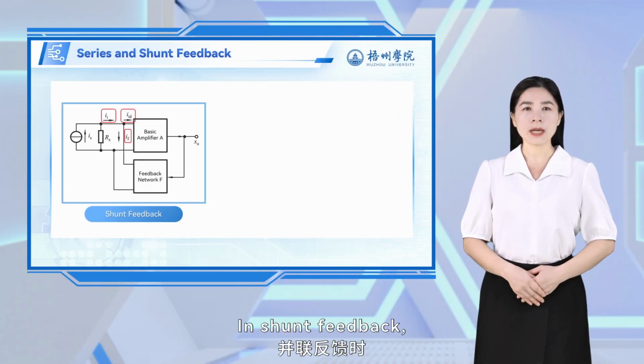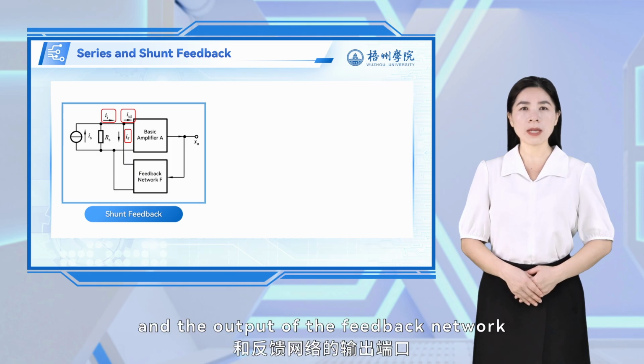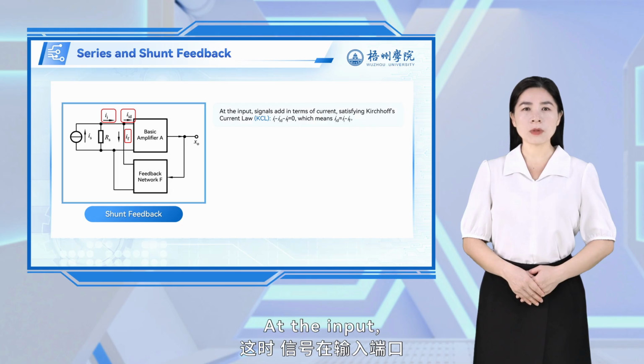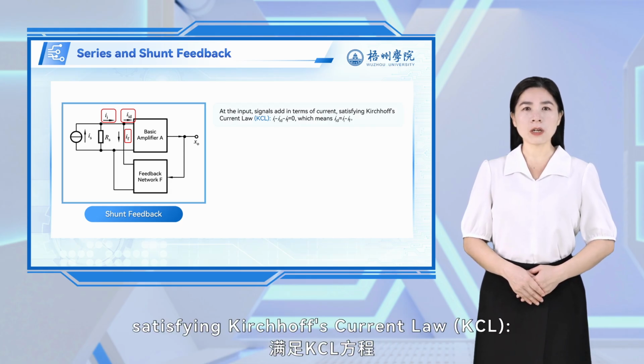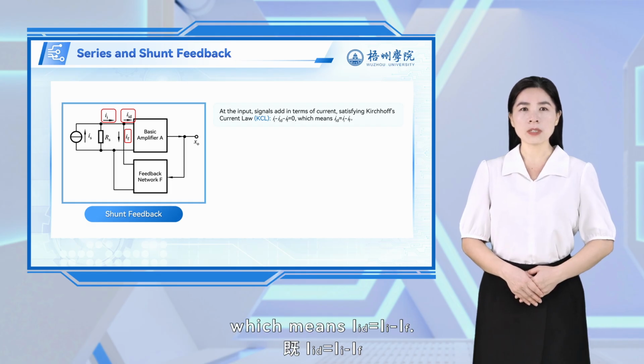In shunt feedback, the input of the basic amplifier and the output of the feedback network are connected in parallel. At the input, signals add in terms of current, satisfying Kirchhoff's current law, KCL: II minus IID minus IF equals 0, which means IID equals II minus IF.